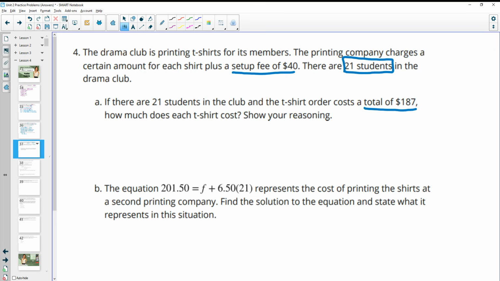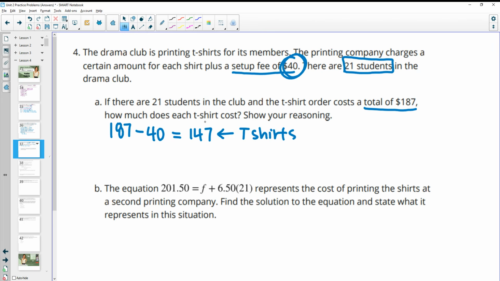So you could tackle this problem a few different ways. I look at it as the total is $187. The setup fee is $40. This is a one-time fee. So if I subtract the $40 off of here, I would have $147 left for just the t-shirts. So this is just the t-shirts without the setup cost.